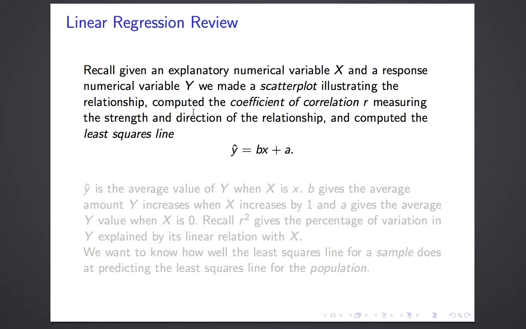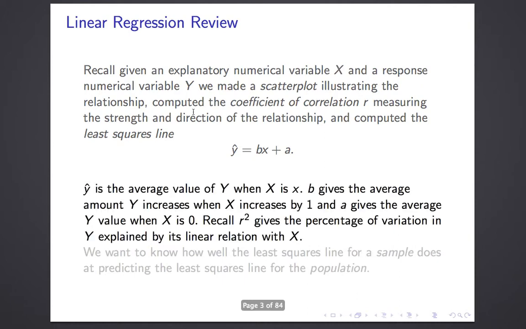And we computed the least squares line. We wrote that y hat equals bx plus a, where y hat is the predicted value of y, or we will think of it now as the average value of all the values of the y variable when the x variable is equal to the particular value x.